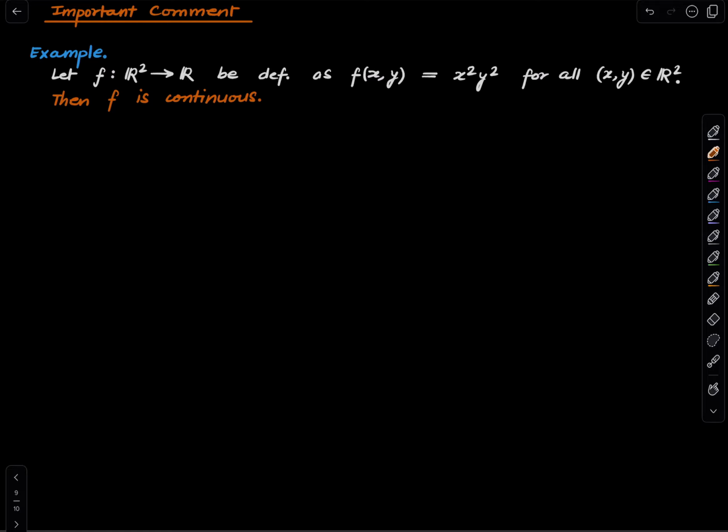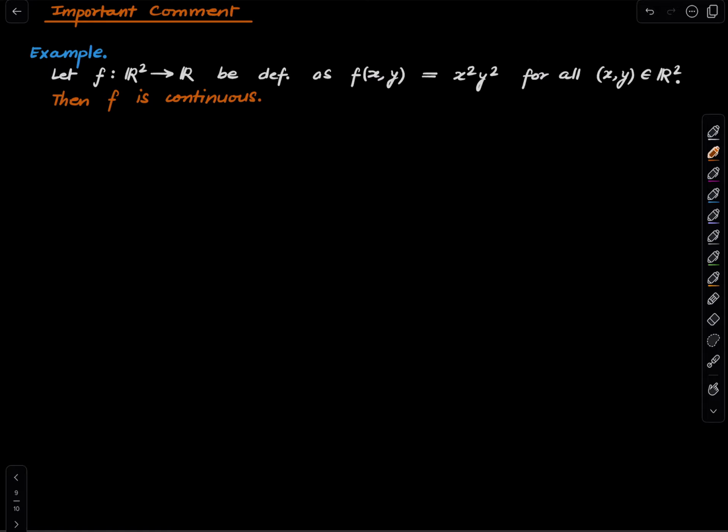But one should try to use the more general results about continuity of a function. There are certain ways you can break down a function into various simpler parts. And if each of those simpler parts are continuous, then the function is also continuous.